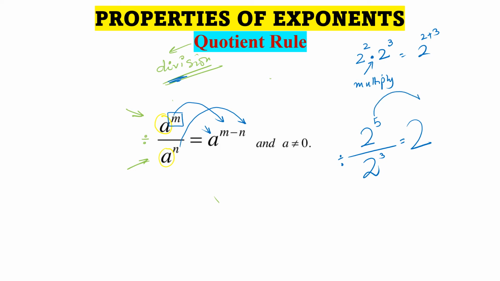The first power you write as it is, and since the other power is down, you change the power sign. That means positive 3 changes into negative 3. Now complete the work. 2 as it is. 5 minus 3 gives me 2. What is meant by 2 to the power of 2? It means write the 2 two times. And we know 2 times 2 is equal to 4.